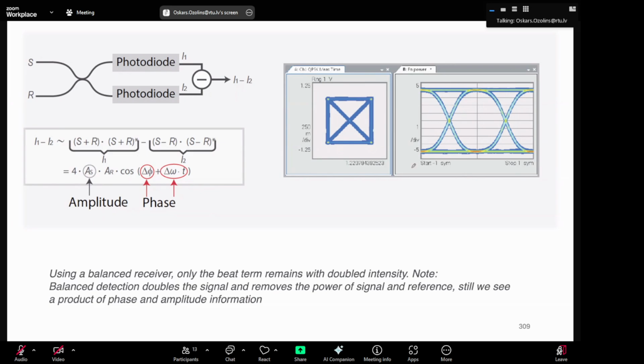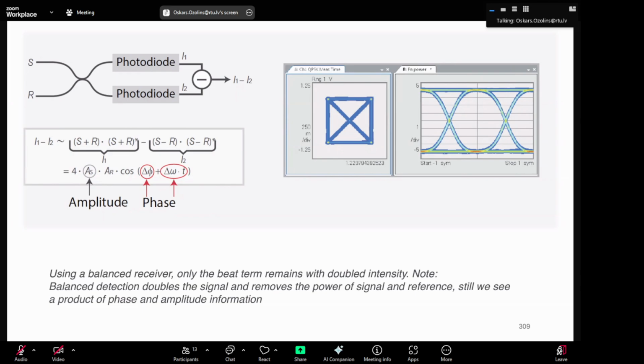So it's called a balanced receiver. So you get doubled intensity. Right. Okay, but then you still have this phase, right?